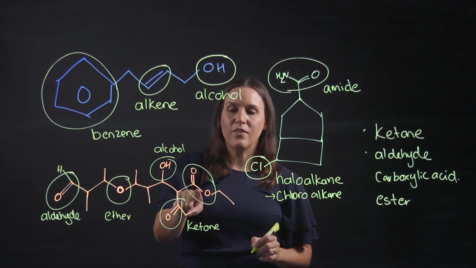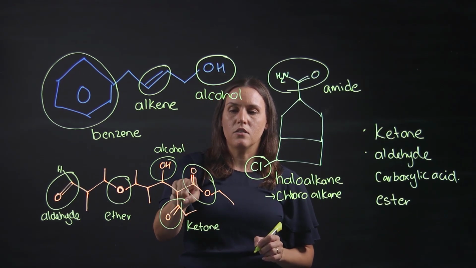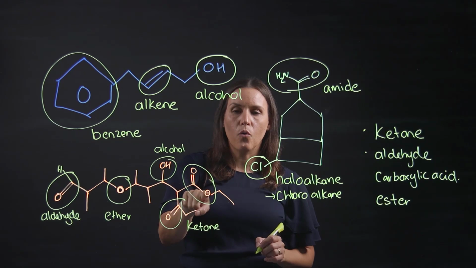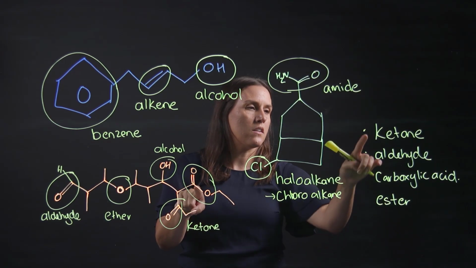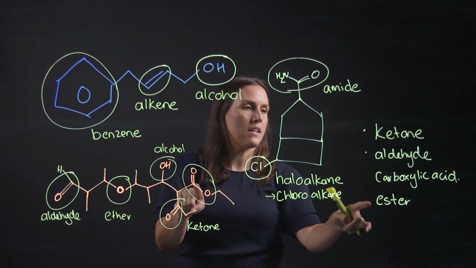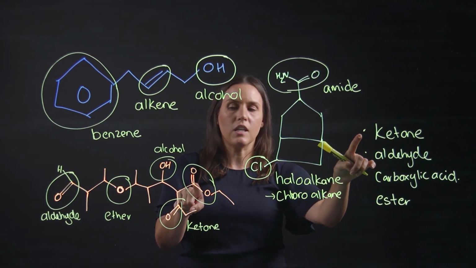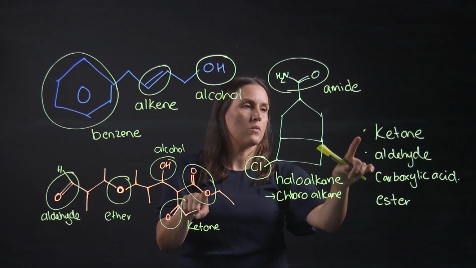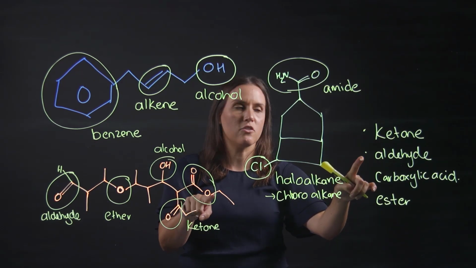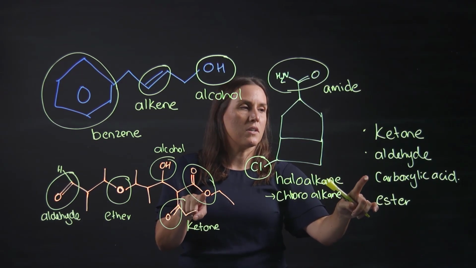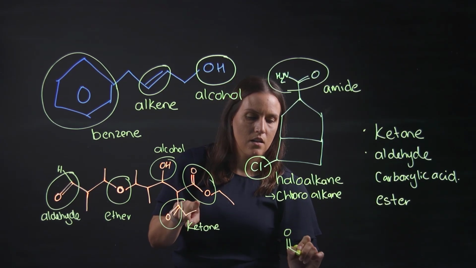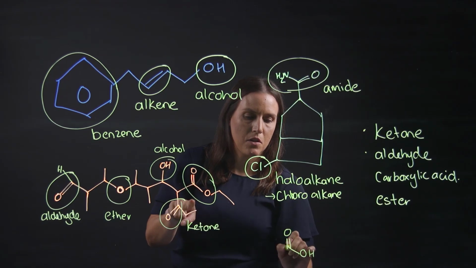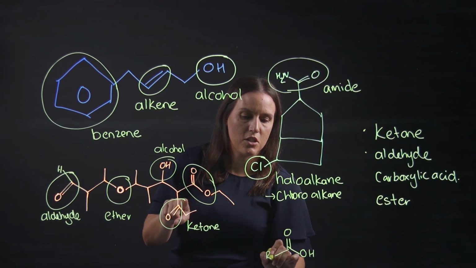And the last one we have here, so we've got a carbonyl, and then we've got an O, and then we've got another carbon group coming off. So this one, out of the 3 that we've talked about in the previous video, it's not a ketone because we've got another functional group next to it. It's not an aldehyde because there's no hydrogens. It's not a carboxylic acid because a carboxylic acid would look like this. Remember, it's got an OH coming off it and then some sort of carbon chain.